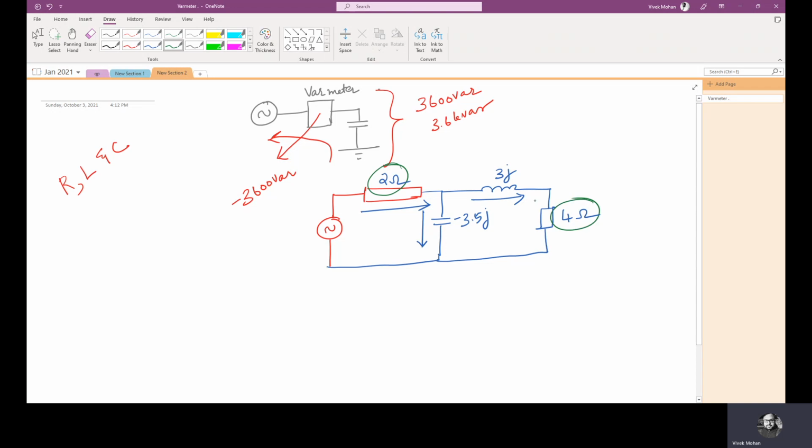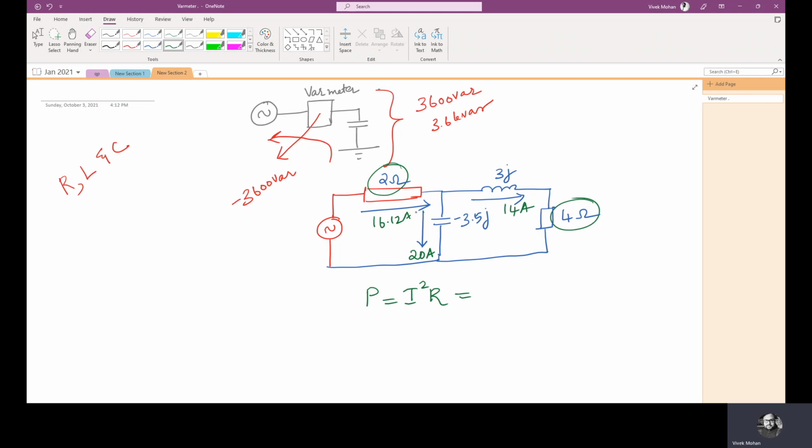So these two resistors absorb active power, which can be found by P equals I squared R. Let this current be 14 amps, and this be 20 amps. Then this is 16.12 amps.